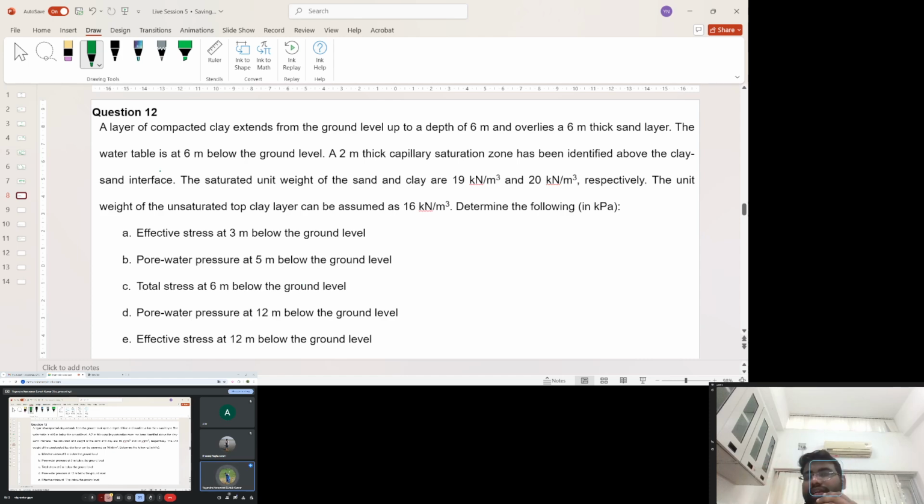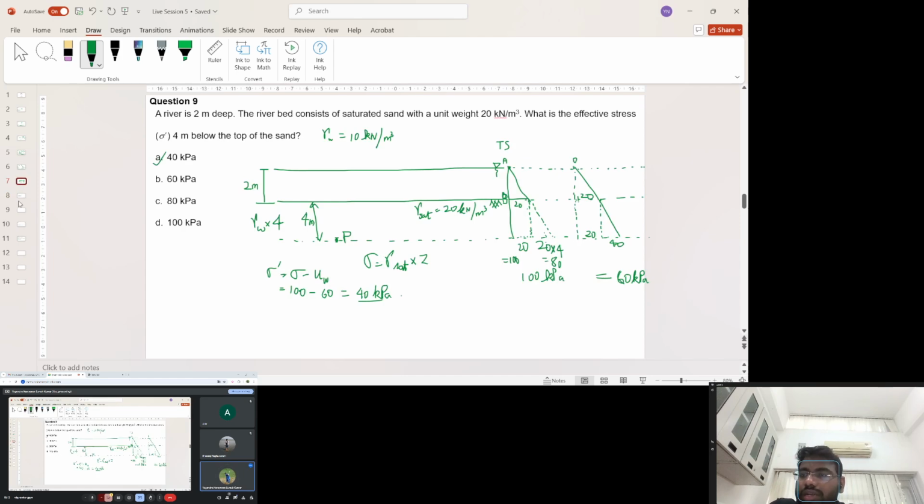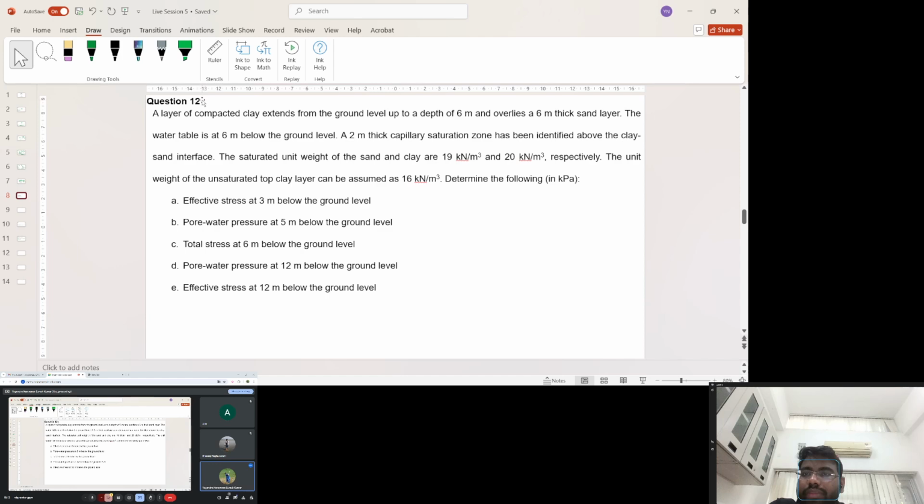A layer of compacted clay extends from the ground level up to a depth of 6 meters. I think this will be question 10. A layer of compacted clay extends from ground level up to a depth of 6 meters and overlies a 6 meter thick sand layer.